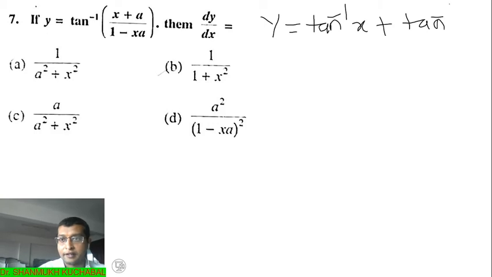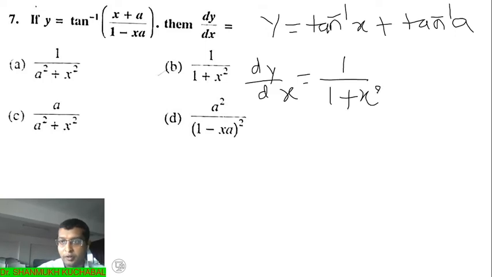So it is a standard formula I have used here. So further we have to differentiate y with respect to x. So the differentiation of y is dy by dx. So further tan inverse x differentiation is 1 divided by 1 plus x square. So we observe that a is a constant.